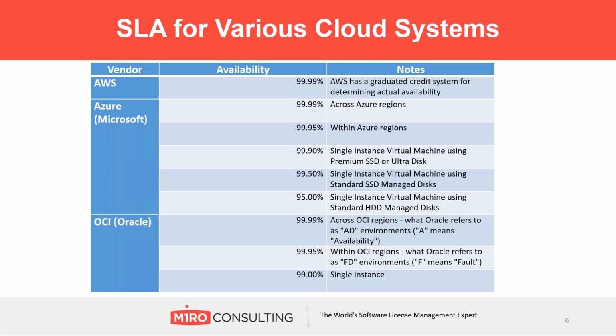There's always a guaranteed uptime, right? That's their SLA for their contracts. And it varies, as you can see with this slide, on a lot of different things. It varies by the regions, whether or not you've got duplicate regions and so forth, and some of the ways it's implemented.